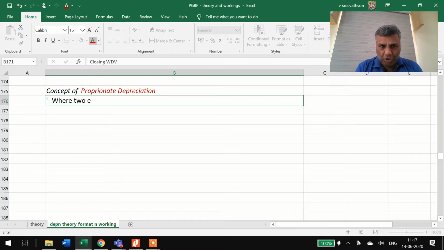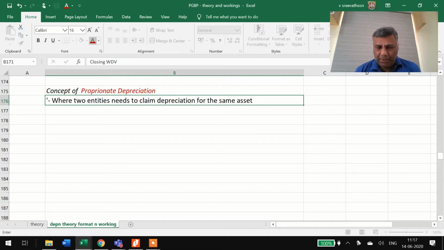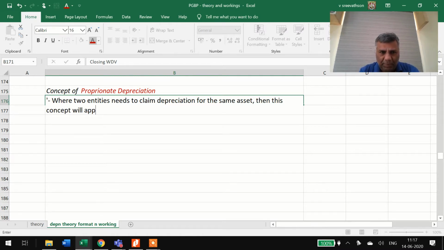Where two entities need to claim depreciation for the same asset, then this concept will apply.